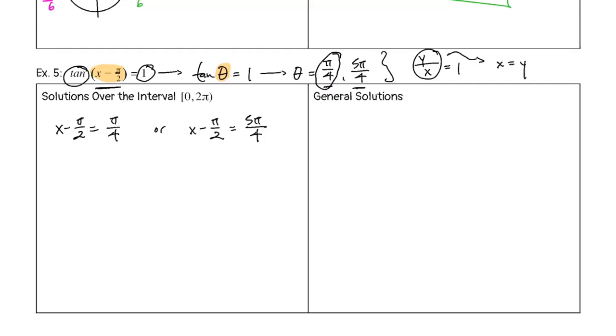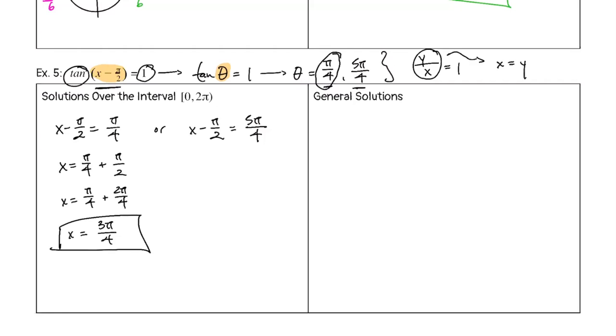And so when we add pi over 2, we're going to get pi over 4 plus pi over 2, okay? And if we change things to common denominators, we get pi over 4 plus 2 pi over 4, or we get x equals 3 pi over 4. So that is the first solution.